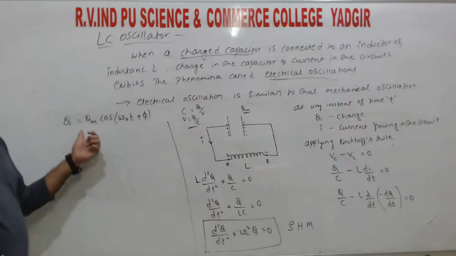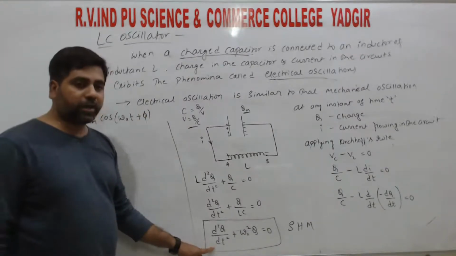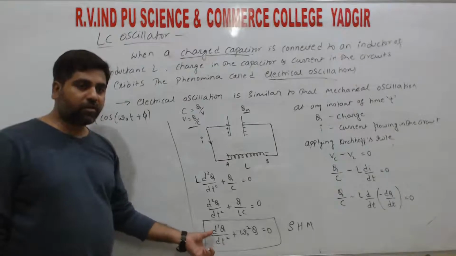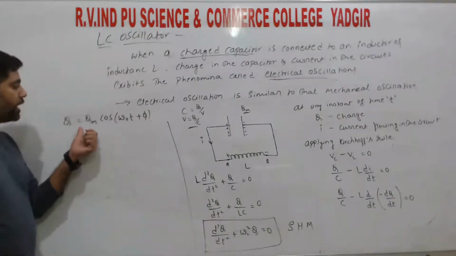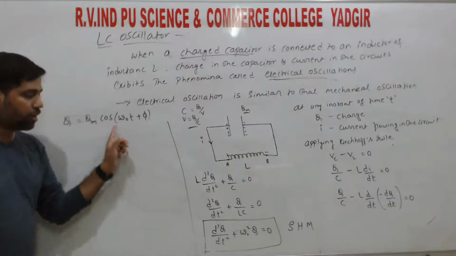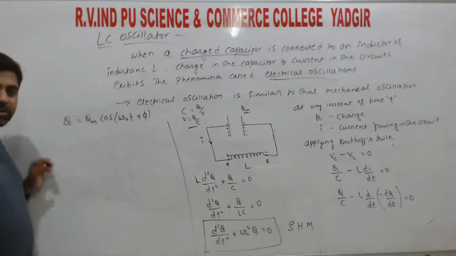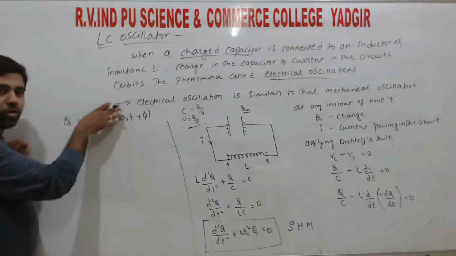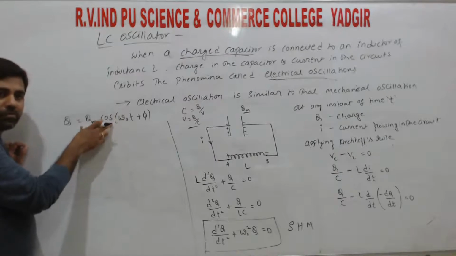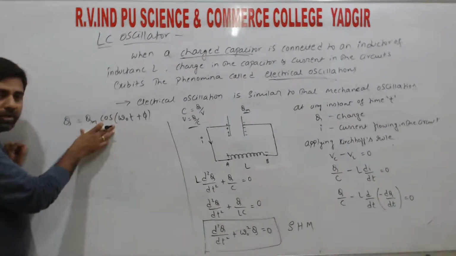This is one solution for this second order differential equation. How this comes, we study in maths, so there is no necessity to derive to get this relation. We are directly writing it here, right?